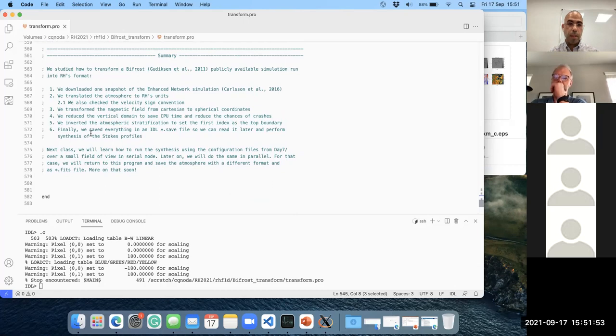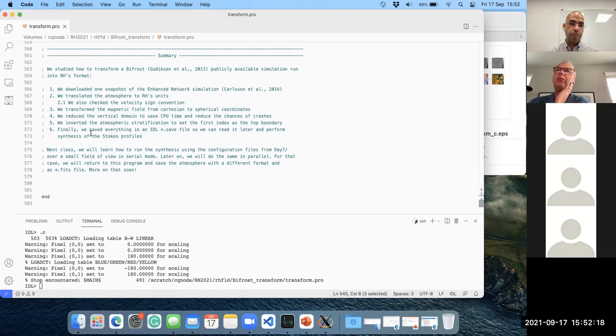We downloaded the snapshot, started reading the files, and checked that we have the correct units. Then we also checked the velocity sign. We understood that the one provided by Bifrost is the one that RH needs, and it is the opposite of what we usually obtain, for example, when we compute a Doppler shift of a spectral line.